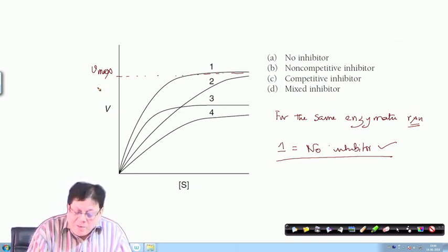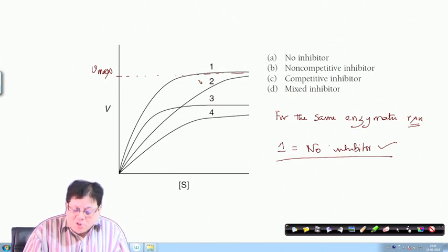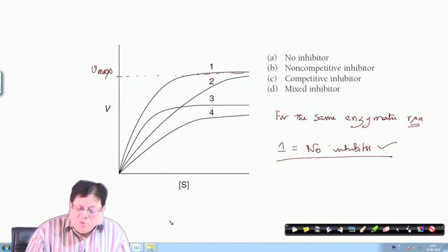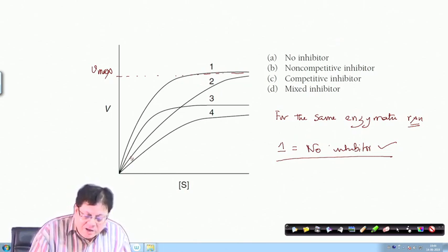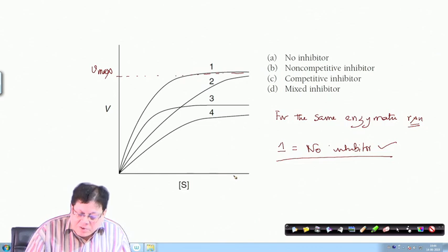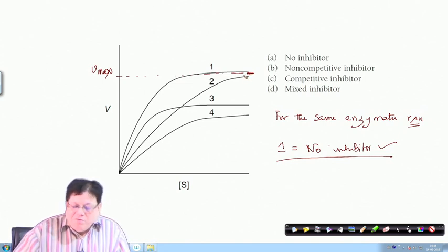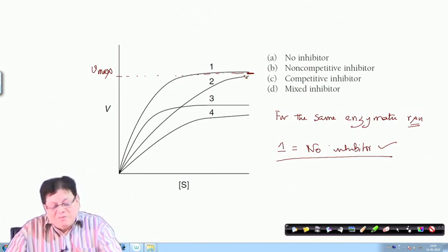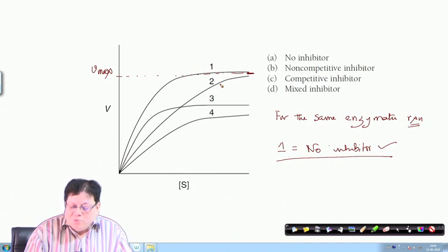Now, you look at the number 2 curve. Let us go one by one. In the number 2 curve, what you see is that it started slowly, but as you increase the substrate concentration more and more, ultimately it reaches almost the same Vmax value for 1 and 2.